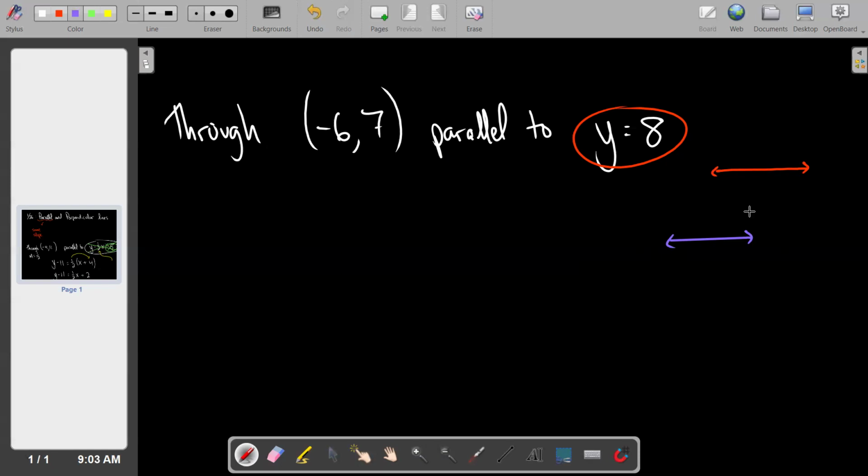And how do you write the equation of a horizontal line? Y equals a number. And which of these two numbers is the y coordinate? Done. Parallel to a horizontal is another horizontal. Done. Those are 3-second problems. You almost could not show work if you tried. It's not even really possible. You just have to understand what that is.